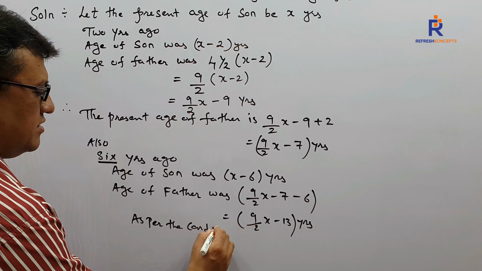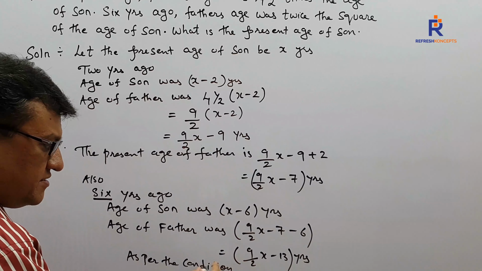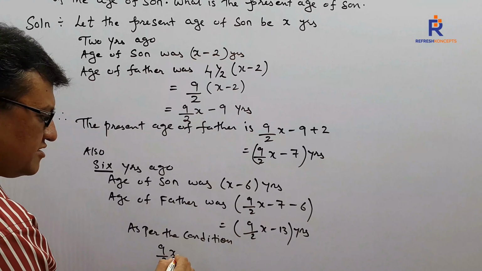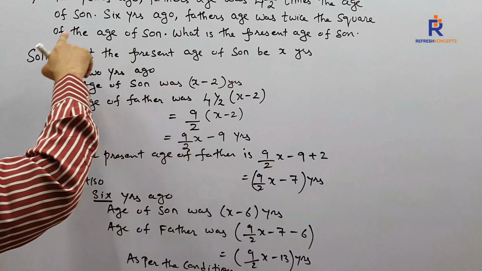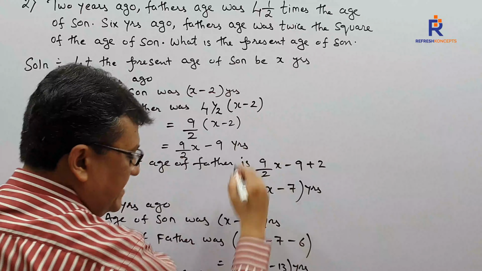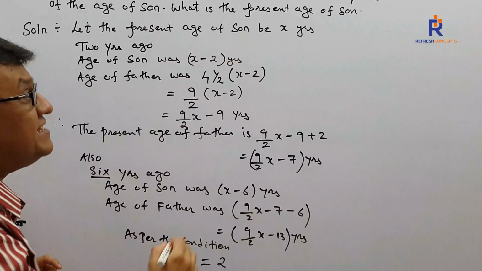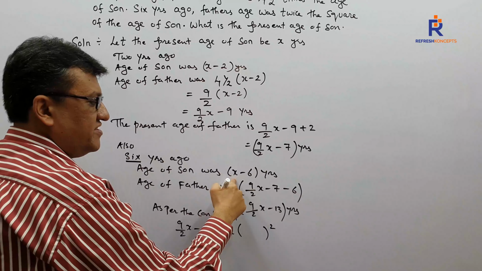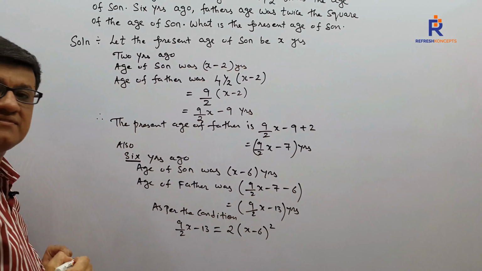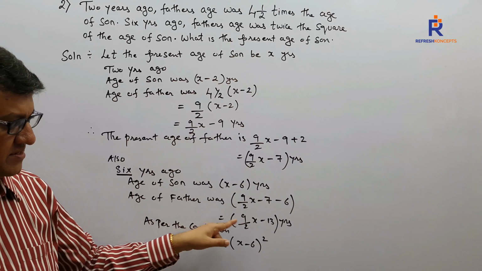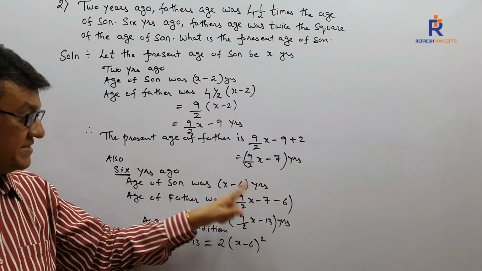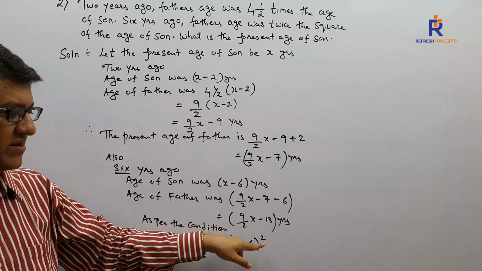Father's age 6 years ago was 9 by 2x minus 13, and it was twice the square of the age of the son. The son's age 6 years ago was x minus 6. They say father's age is twice the square of the son's age.